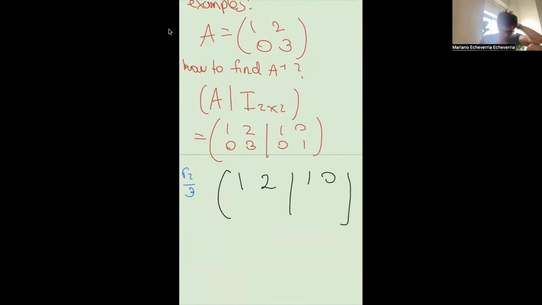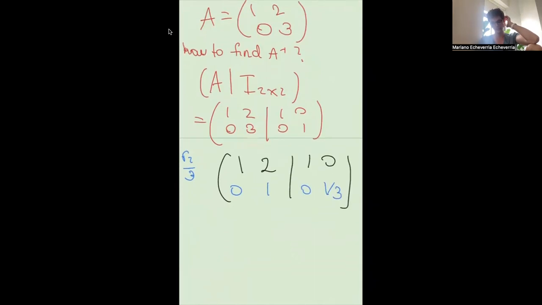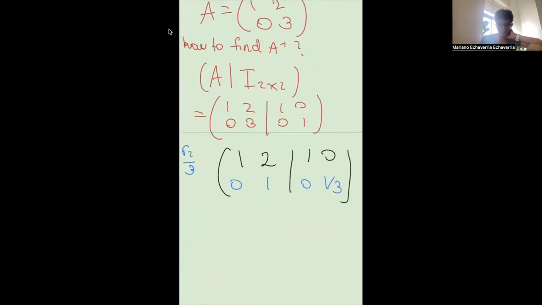So I'm just dividing row 2 by 3, so you get 0, 1, 0, 1/3. Again, you're doing two systems of equations simultaneously. Since it's the same matrix, there's no point in doing the steps twice, so it's a way to save yourself time.